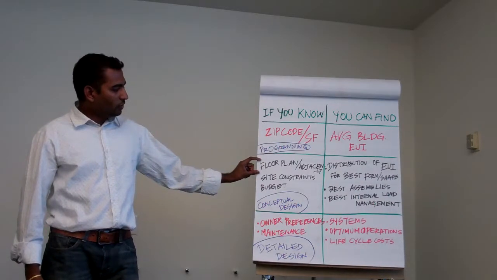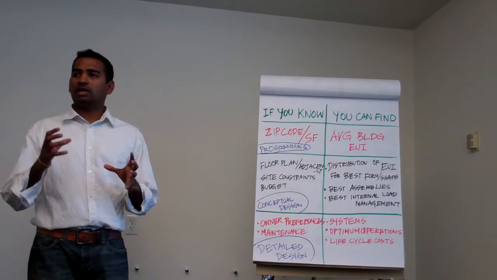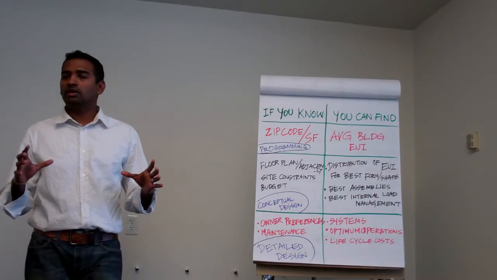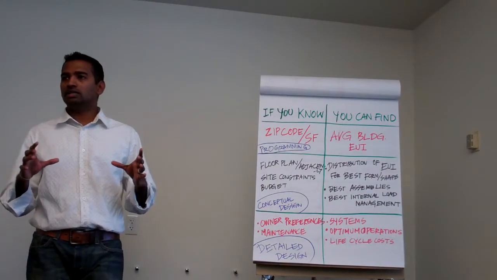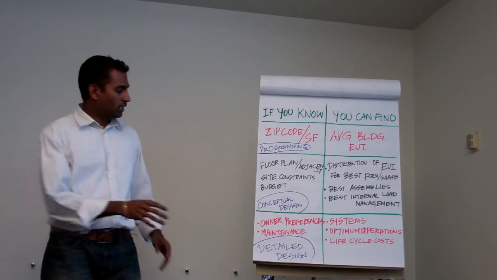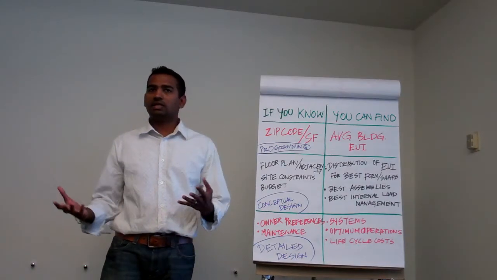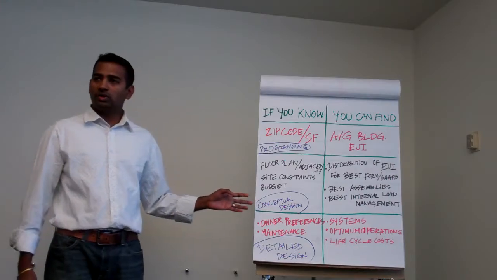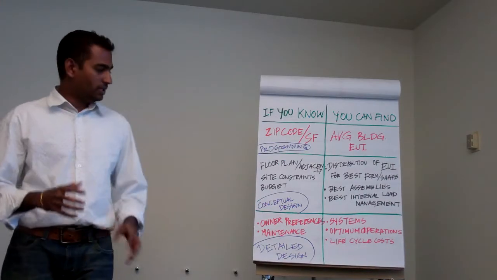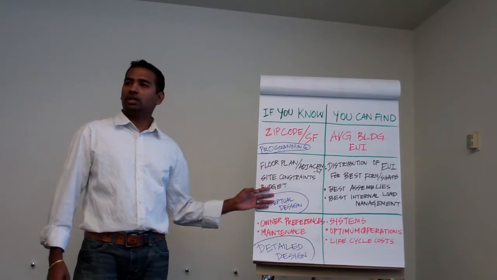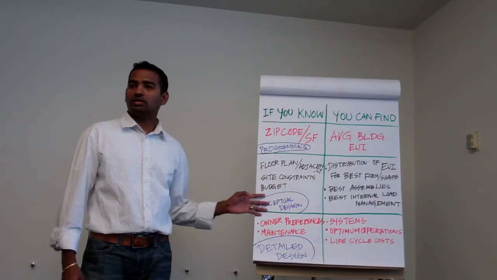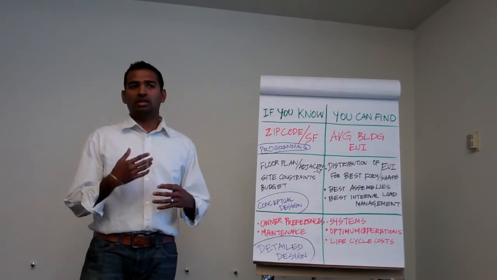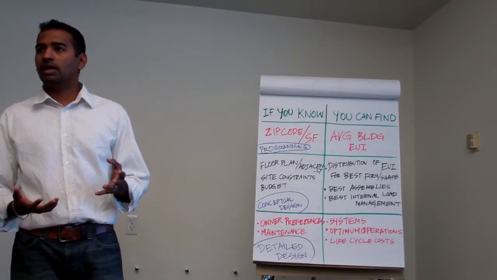Then if you know some sort of adjacency diagram, or some kind of massing ideas that you want based on the program, and some site constraints, and if you also know some understanding of budget, when do you typically know all that information? Early schematics or during schematics.